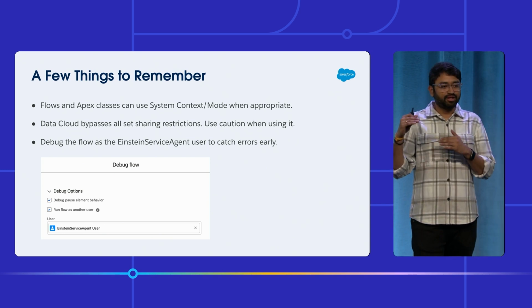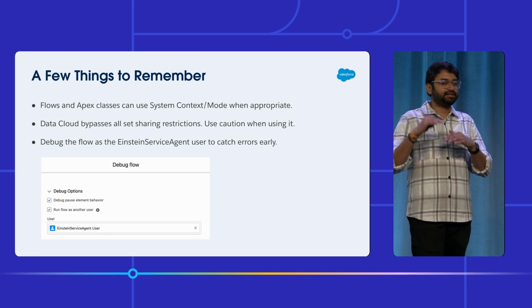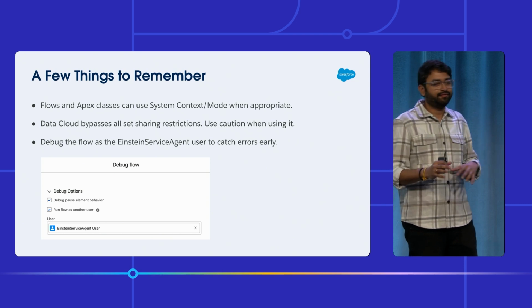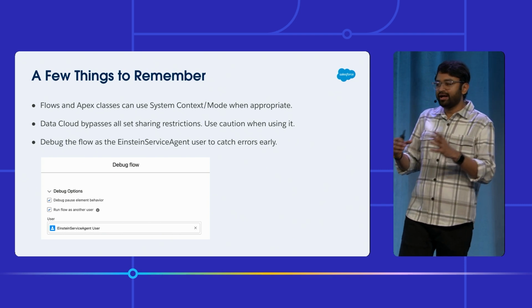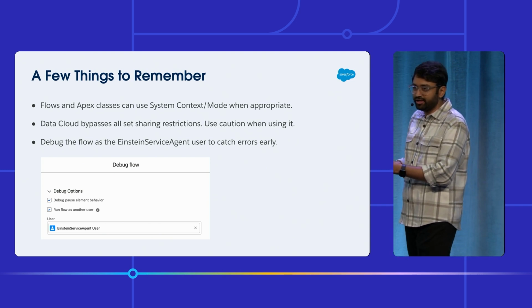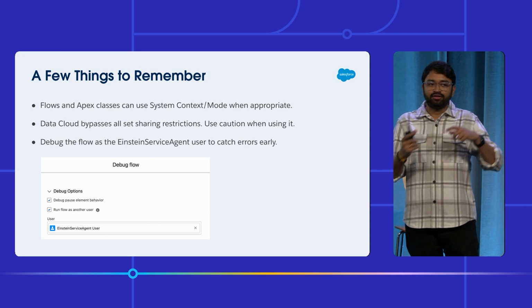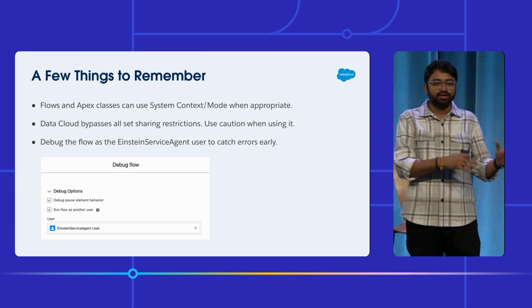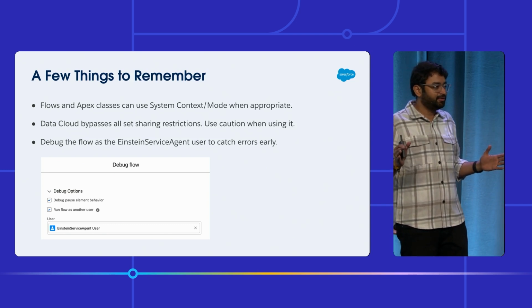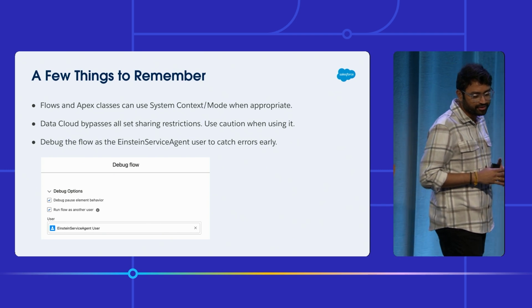Access controls in Data Cloud differ based on the data spaces, which is a completely different concept. So you need to remember, if you are accessing data from Data Cloud, it doesn't respect the sharing rules that you necessarily have for the same data inside Salesforce. So that's a clear distinction that you need to keep in mind before working with Data Cloud.